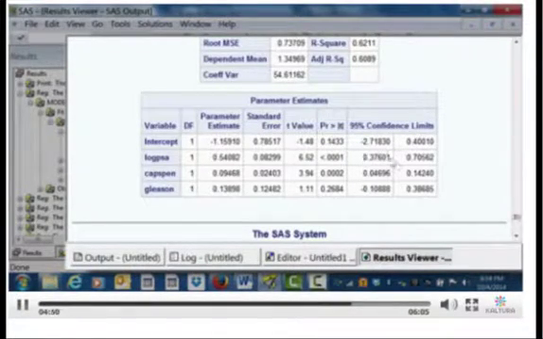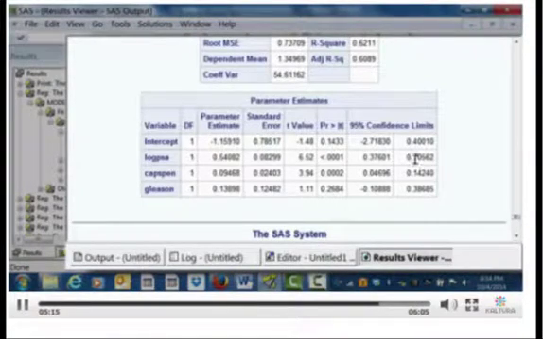So these confidence limits are not based on this t-statistic, they're based on one calculated from the t-distribution itself. And this is just beta hat, plus or minus that t-critical value times the standard error for each one.